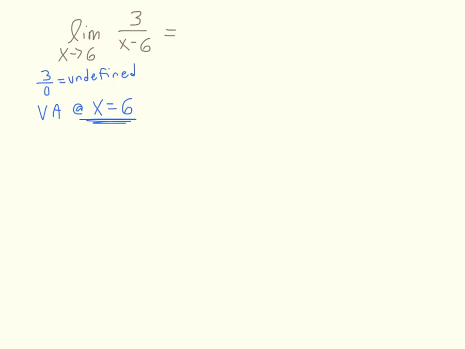The question is, what is the limit? Well, your options for the limit, so up here I'm just going to write down that your options are going to be infinity, negative infinity, or does not exist. That's always going to be the case when you plug in and you get some number over 0.